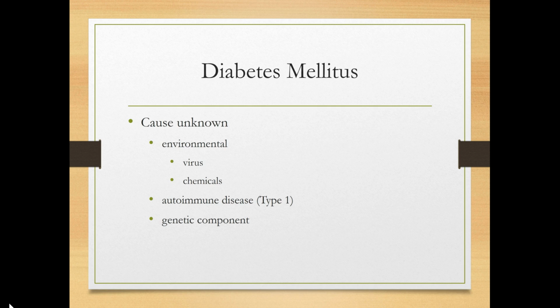All right, so for causes, it's definitely an autoimmune disease. We're not 100% sure what causes it, but that is the number one cause. There's also a genetic component. What studies have deduced so far is that your body is exposed to some kind of virus and an autoimmune response takes place.